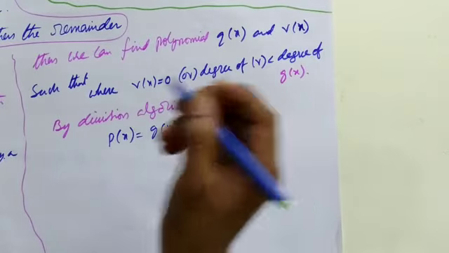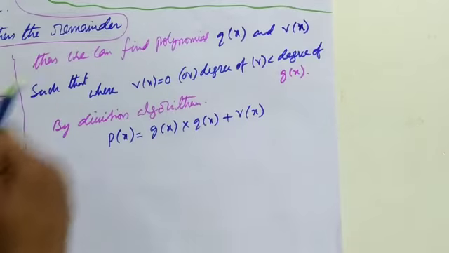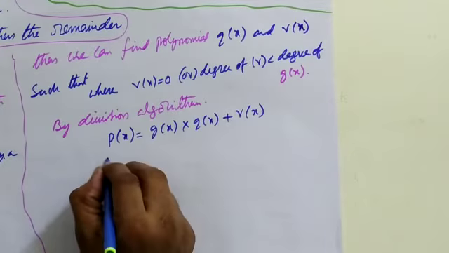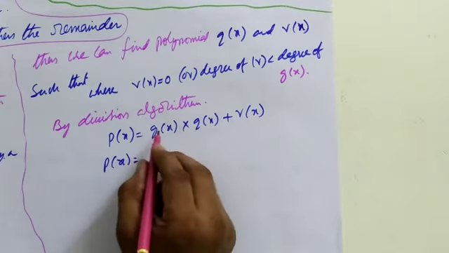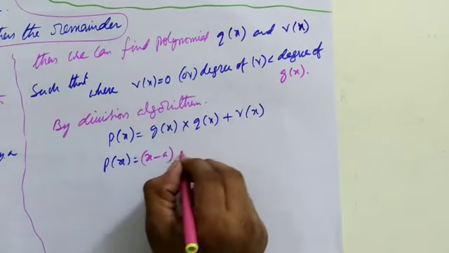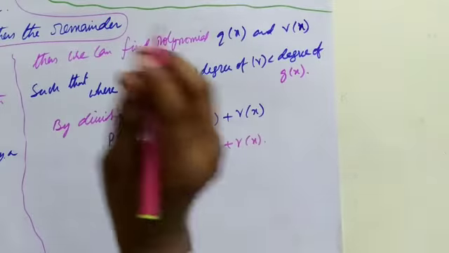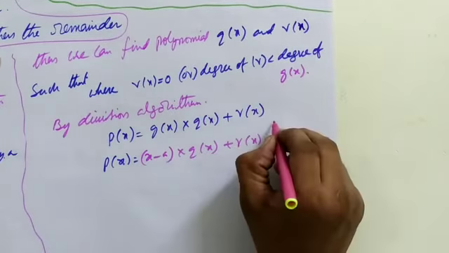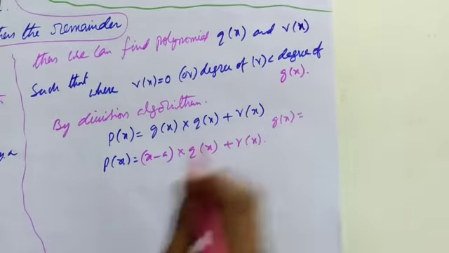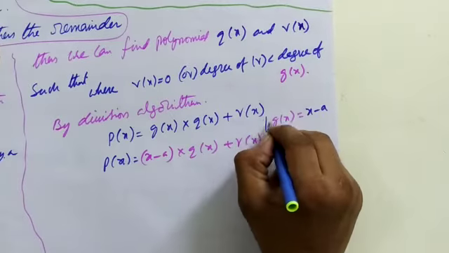Therefore, dividend is equal to divisor into quotient plus remainder. That means P of x is equal to, what is g of x? Therefore, x minus a into q of x plus r of x, where g of x is equal to x minus a.